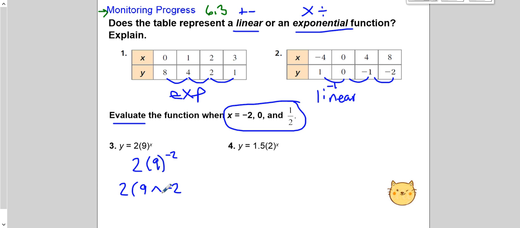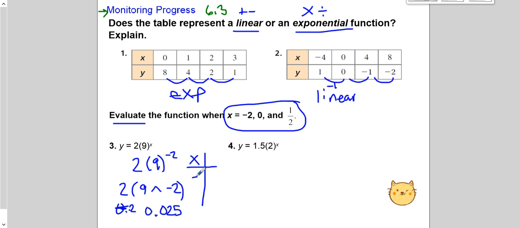You have to use this caret button, that up arrow, to get that exponent, and then press enter. And we get 0.025.